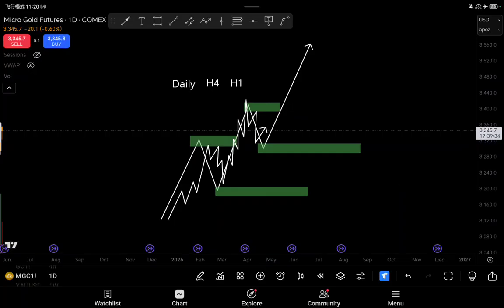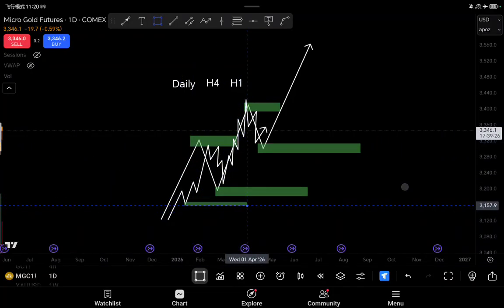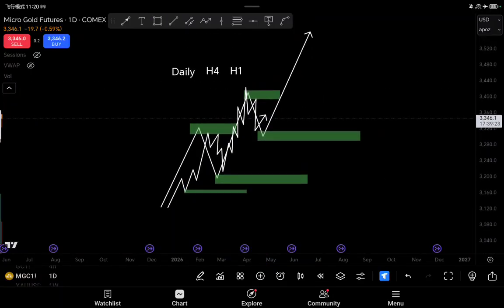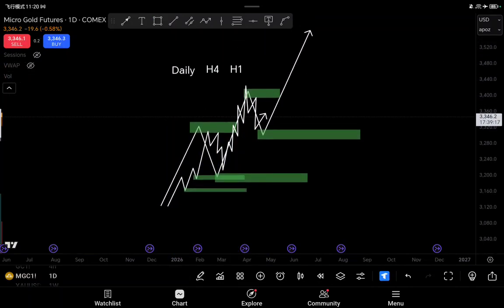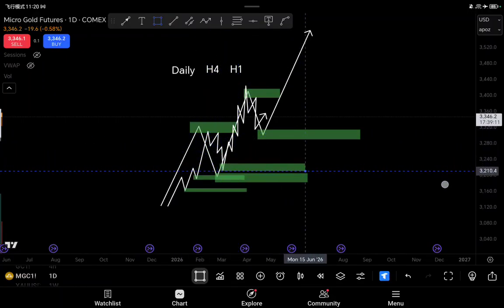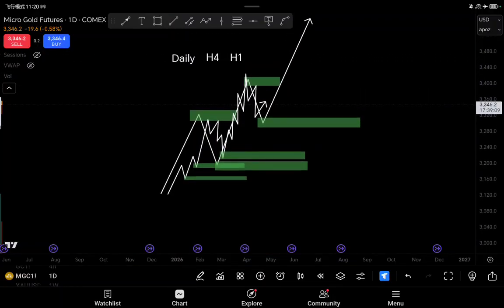Then we go down one more time frame. What you do in H4, you just draw something like this. Let's repeat the same thing from daily to H4.